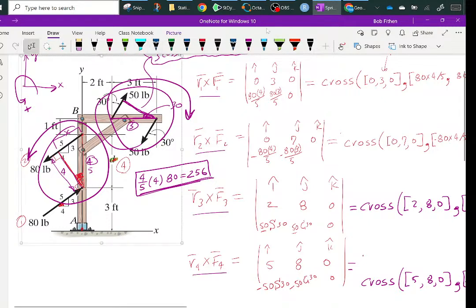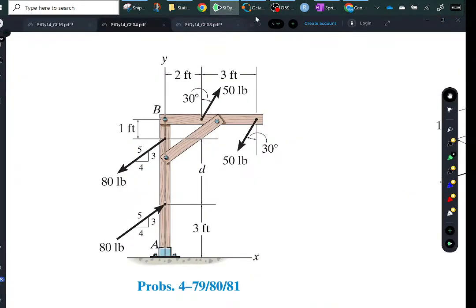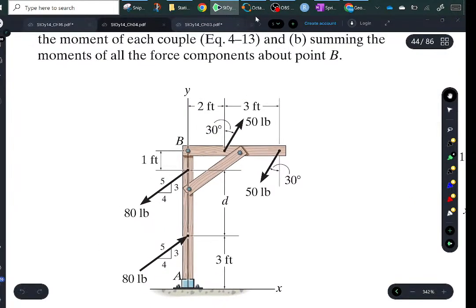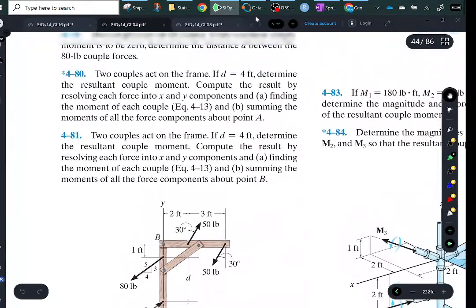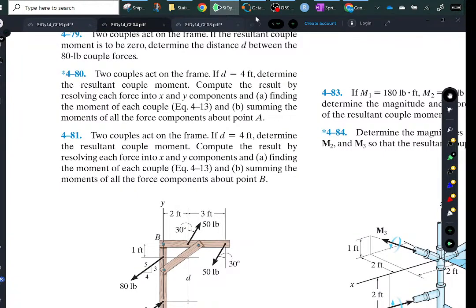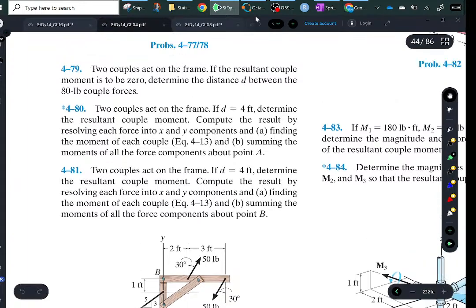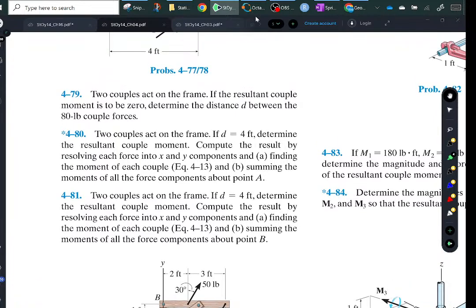Now, one of the questions he may have asked, and maybe this is just me not knowing what he's asked, is, let's see, resulting couple moment. Yeah, compute the result by resolving the force into the x and y components. Find the sum of the moments. Okay, that's one way to do it. Two couples acting on the frame, determine the resulting couple moment. Compute the result by resolving the force and find the moment sum.